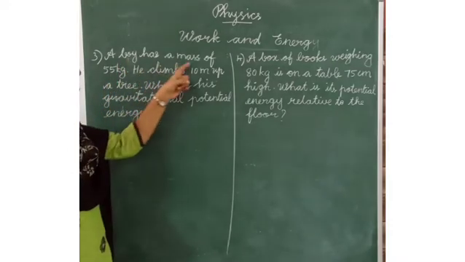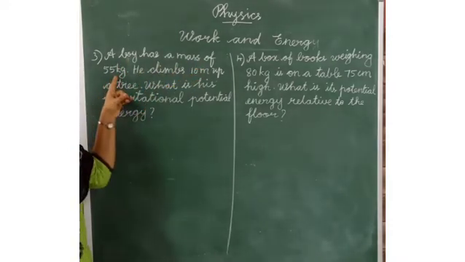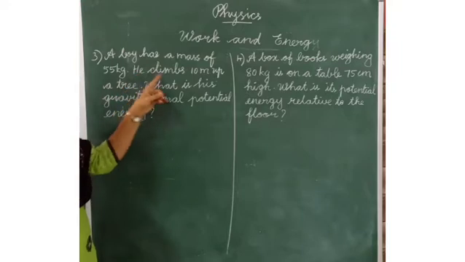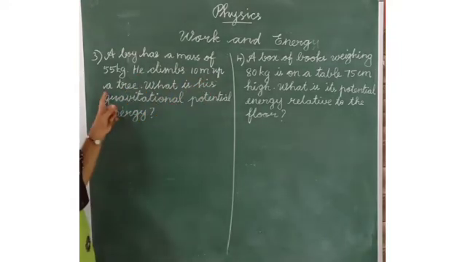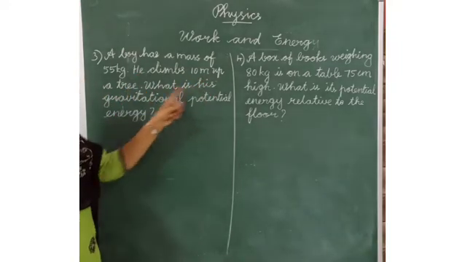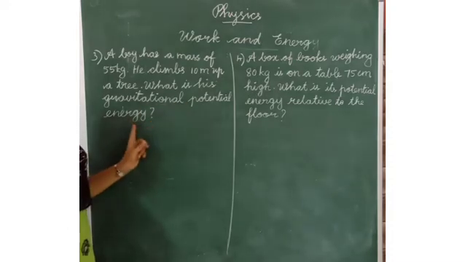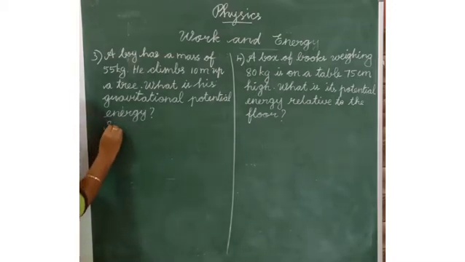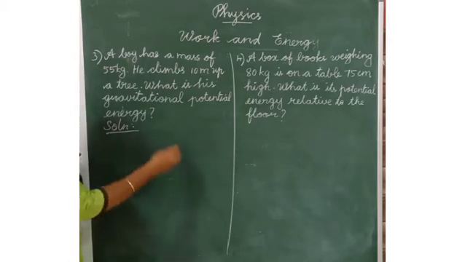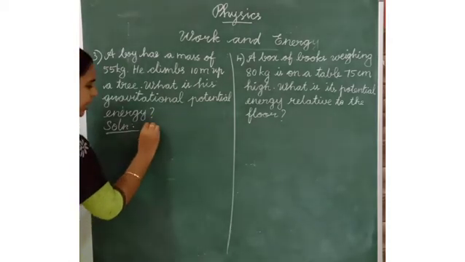A boy has a mass of 55 kilogram. He climbs 10 meter up a tree. What is his gravitational potential energy? We have to find gravitational potential energy. Solution. What is the formula to find the potential energy?